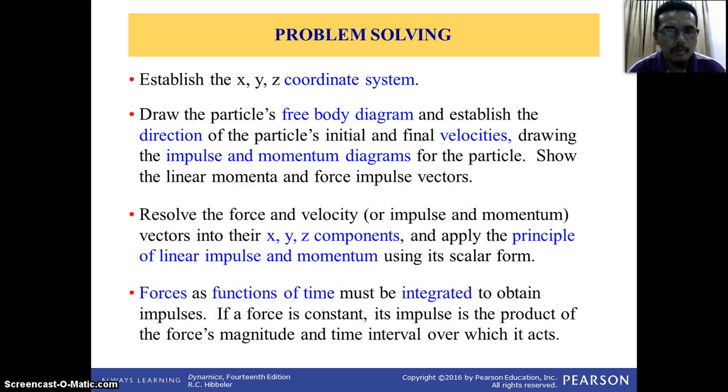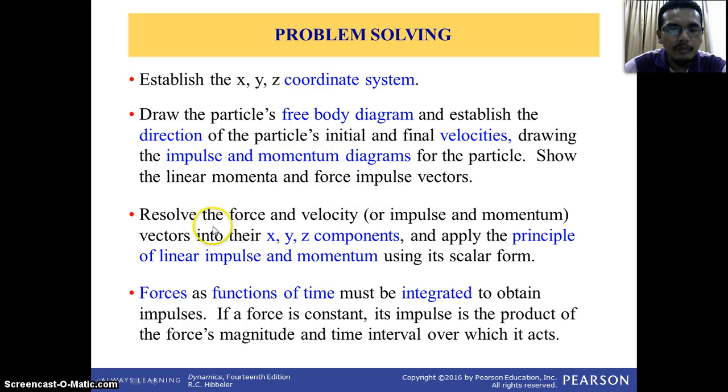Okay, how do we want to solve the problem? First, establish the x, y, z coordinate system. Our reference plane is based on x, y, z. Draw the particle's free body diagram and establish the direction of the particle's initial and final velocity. In order to draw the impulse and momentum diagram for a particle, we show the linear momentum and force impulse vectors.